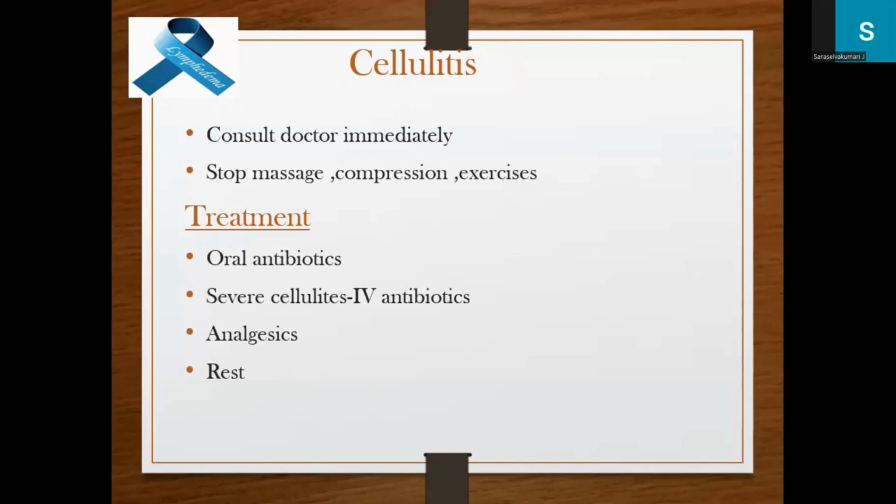Swelling, redness. Yes, redness will be there, edema will be there, local rise of temperature will be there, and severe pain will be there. Sometimes there is skin peeling or a chance of infection in cellulitis.